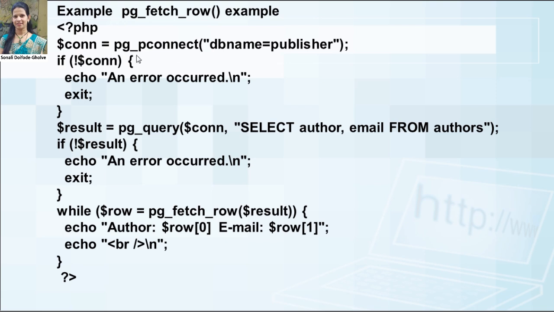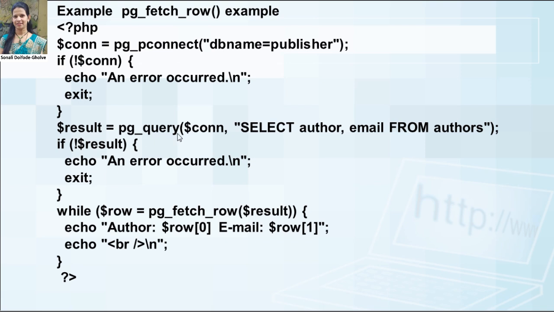$connection equals pg_connect, where the database name equals publisher. You can give any database name, but use the same name which you used earlier to create the database. So write the name here. Then if not $connection, write echo an error occurred and exit from it. $result equals pg_query.